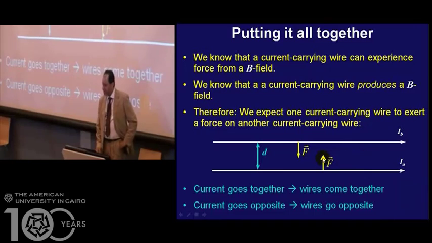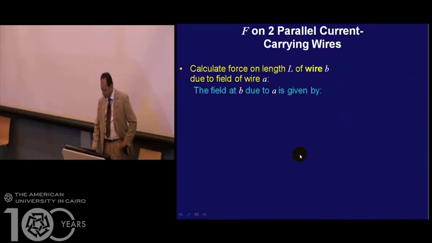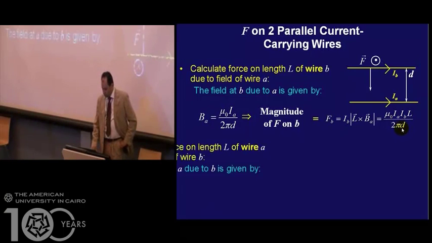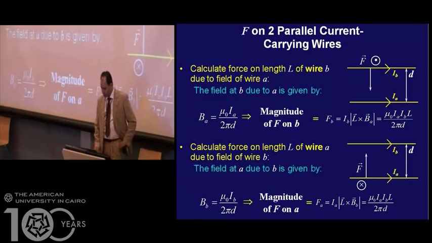Those forces can be easily calculated if we know the magnetic field produced from IA at the location of IB, then we can find that force F. We get the force acting on wire B equal to mu0 IA IB times the length of the wire divided by 2 pi D, where D is the distance between the two wires. And this is the same force acting on wire A.